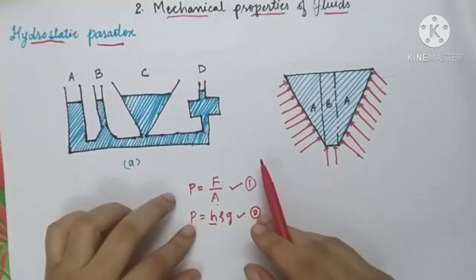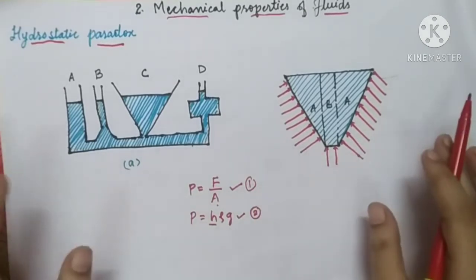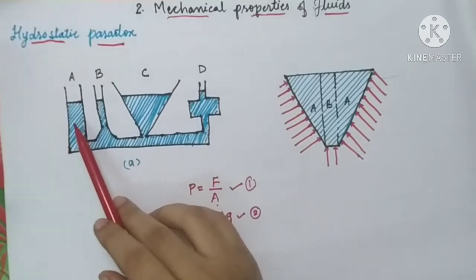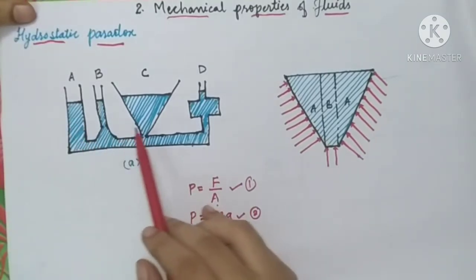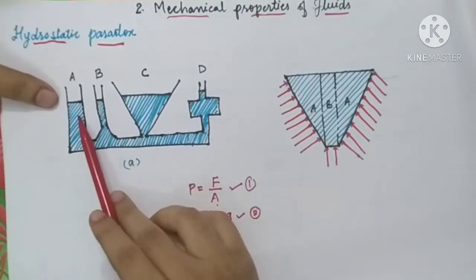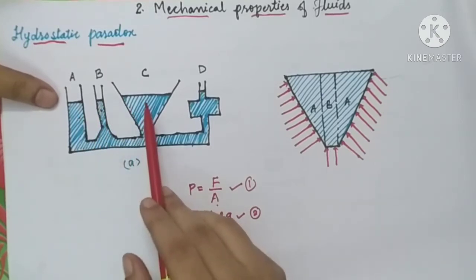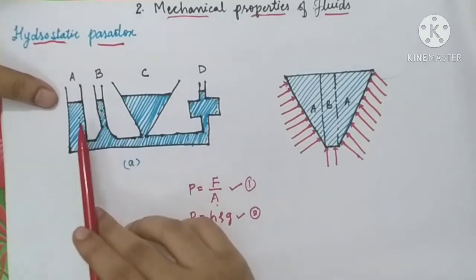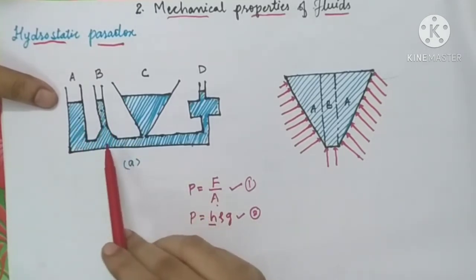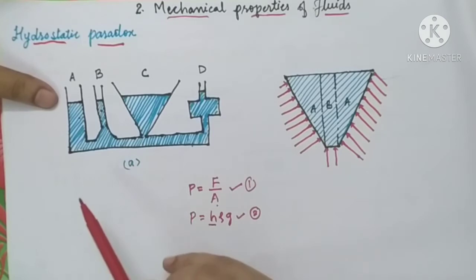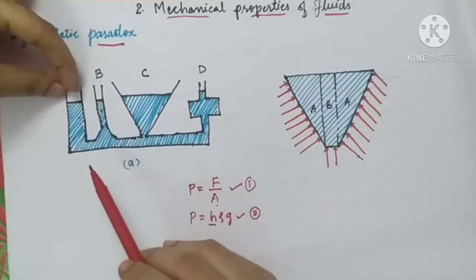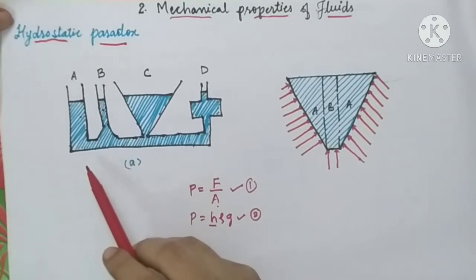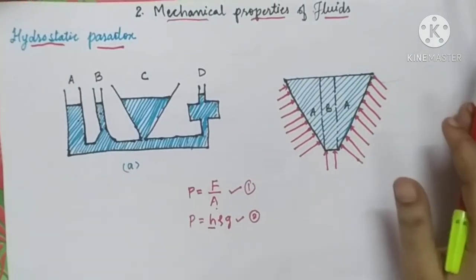Now let us consider a few containers of different shapes. These containers are interconnected. See here, container A, container B, container C and container D. These containers are internally connected with each other, and this entire container is filled with a liquid from the side of A. Generally we will say fluid as a liquid.